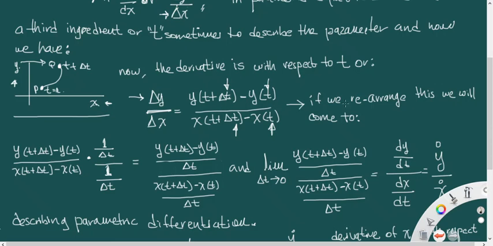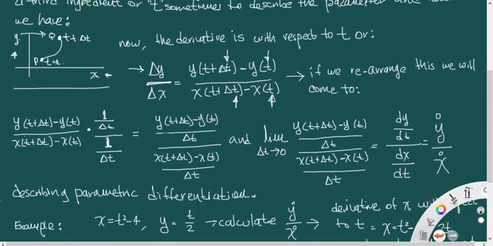If we rearrange this expression, we will come to this, which is the change of y with respect to t, this is y of t plus delta t minus y of t. This is the same composition as the old single variable derivative, divided by the change of x with respect to t.